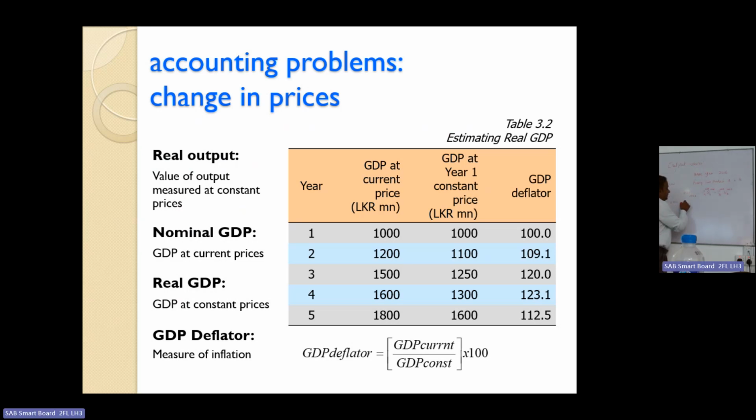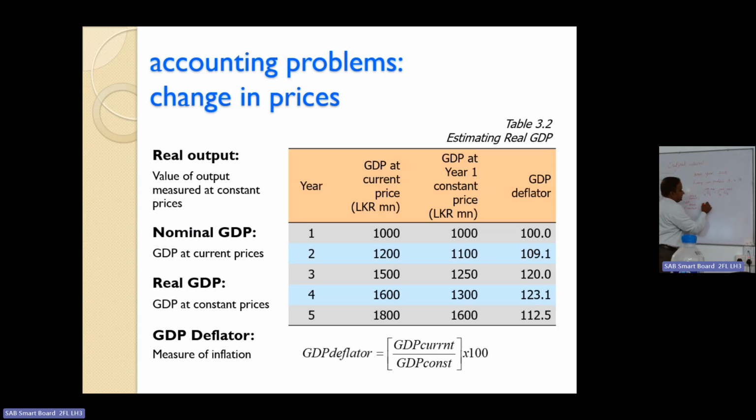And we value the GDP, right? This is the current. Constant GDP, how do we get it? How do we calculate the constant?